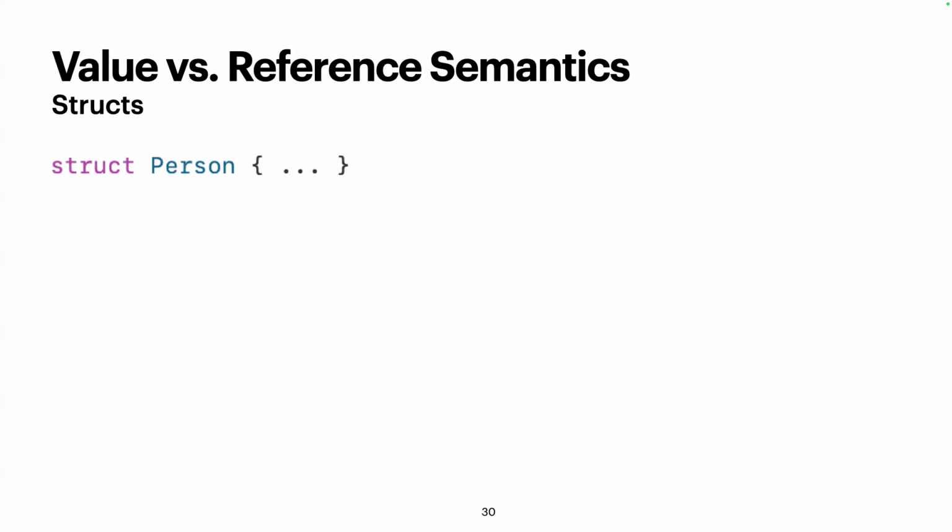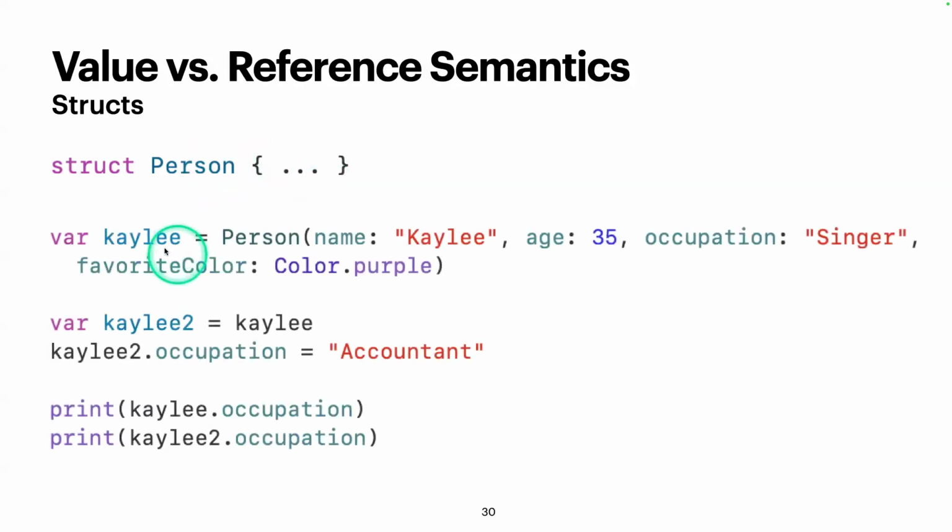All right, so let's talk about the main difference between a struct and class, which is value versus reference semantics. Here I've hidden the declaration of a person away. And here we have the same code creating Kaylee. Then here we have Kaylee2. We're creating a new variable called Kaylee2 and assigning Kaylee to it.